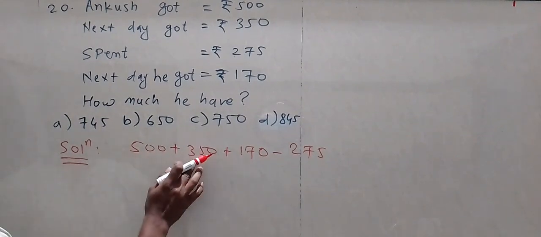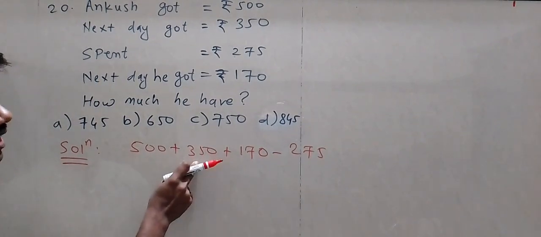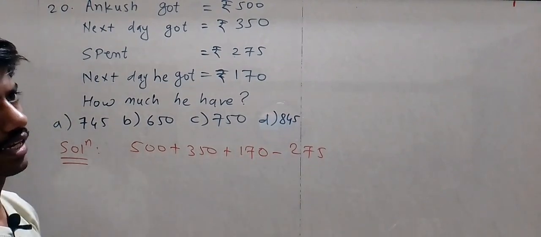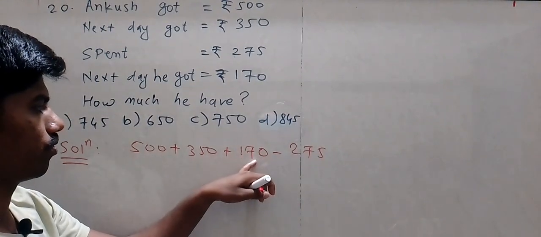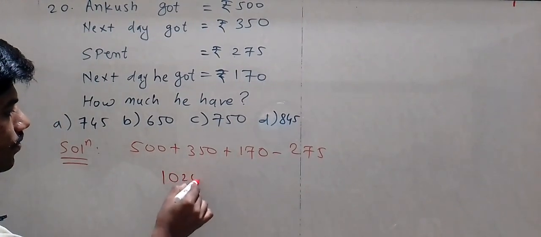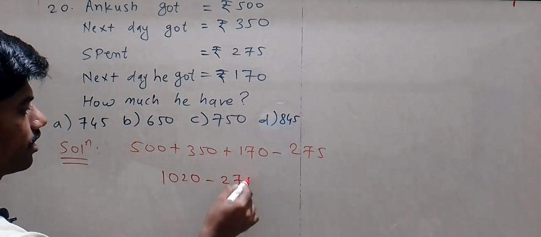So 500 plus 350 is equal to 850. 850 plus 170 is 1020. So 1020 minus 275.